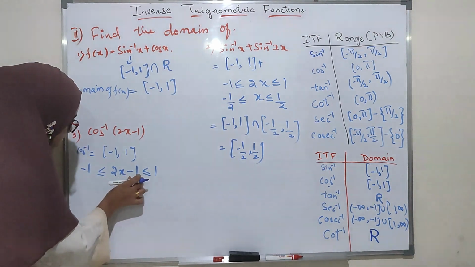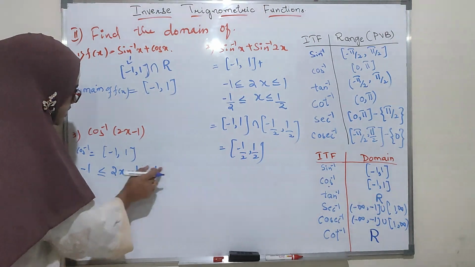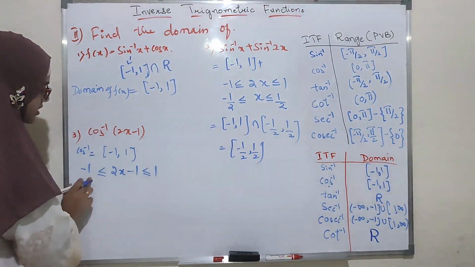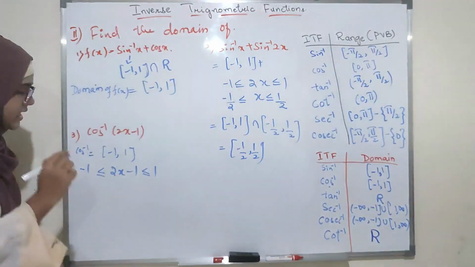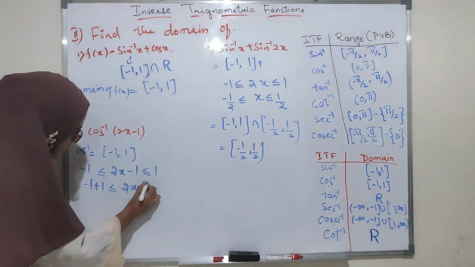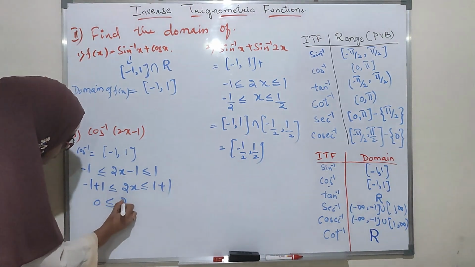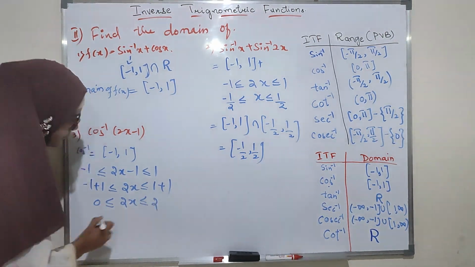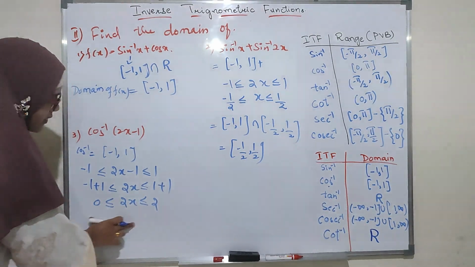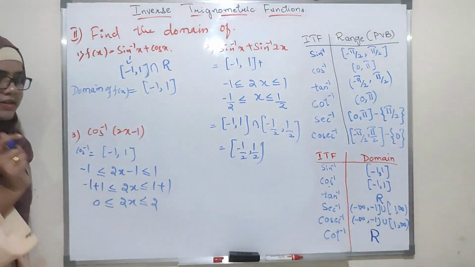So I am adding 1 on both sides, LHS and RHS of this inequality. Then minus 1 plus 1 gives 0, and 1 plus 1 gives 2, so 0 is less than or equal to 2x, which is less than or equal to 2. Now divide this by 2, because we have 2x and we have to find the value of x only.